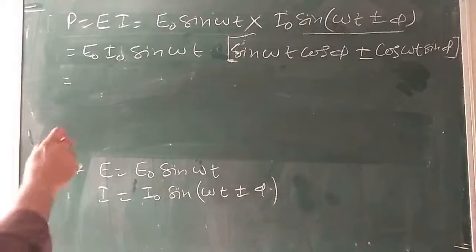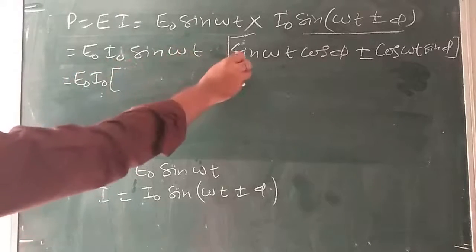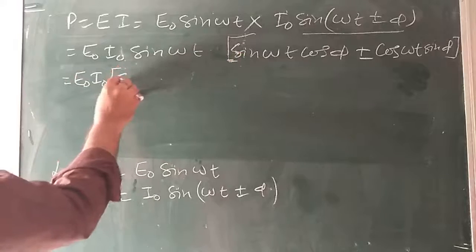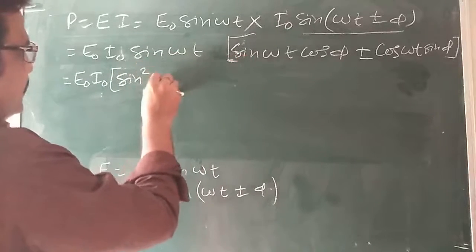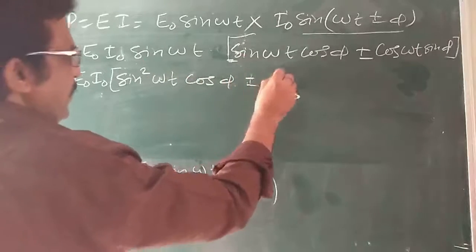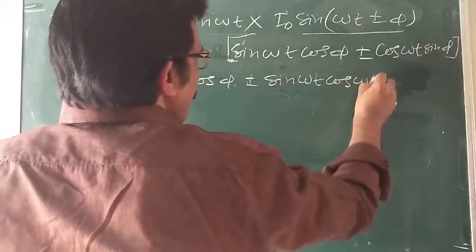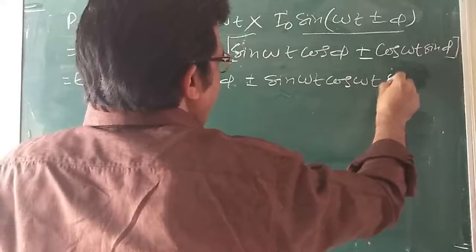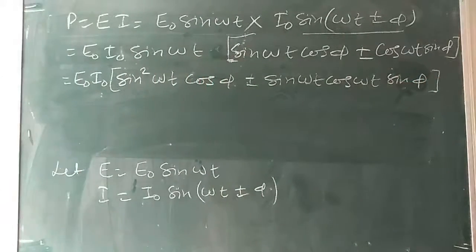Then we are getting E naught I naught multiplied by sine omega t into sine omega t, that is sine square omega t cos phi, plus minus sine omega t cos omega t sine phi. Is it clear? Write down.